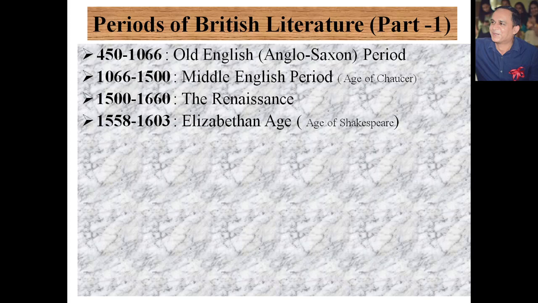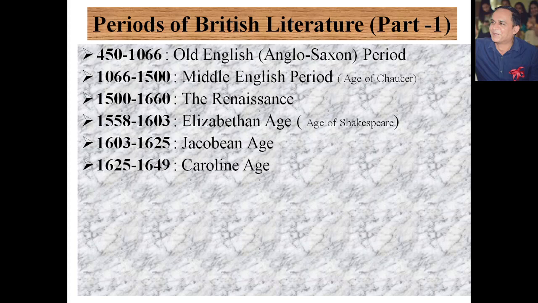Then this period of Elizabethan age is followed by the Jacobean age from 1603 to 1625, and then from 1625 to 1649 it is known as Caroline age, and then from 1649 to 1660 it is known as the Commonwealth period. So if you see, the Renaissance is actually divided into these four periods.